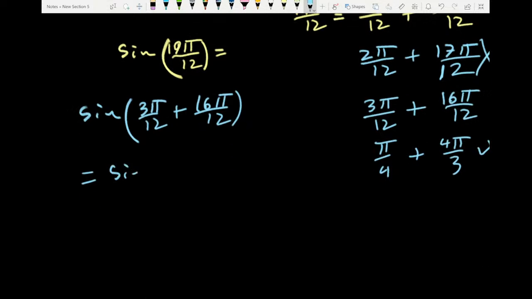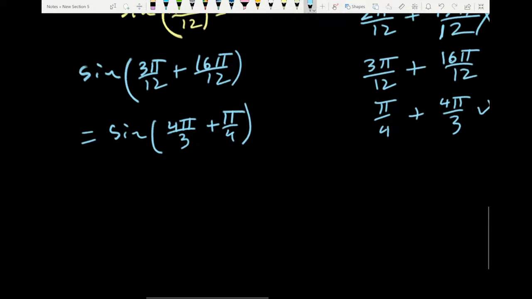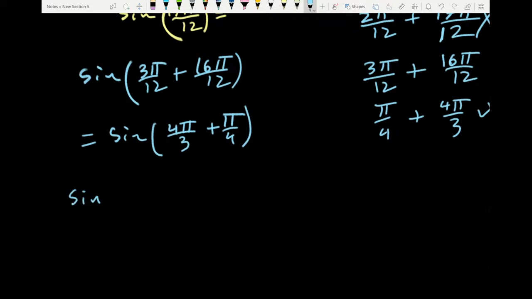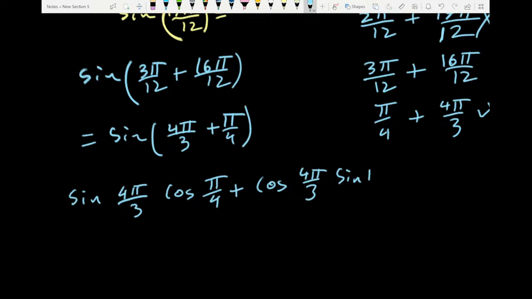This is just sine of 4 pi over 3 plus pi over 4. And we could expand that. Sine of 4 pi over 3 cosine of pi over 4 plus cosine of 4 pi over 3 sine of pi over 4.